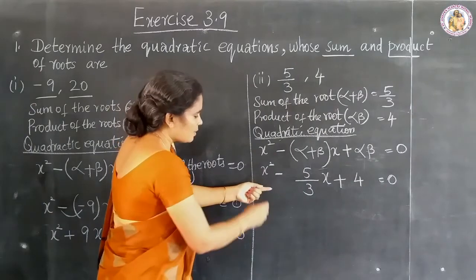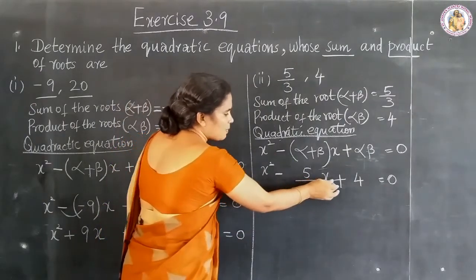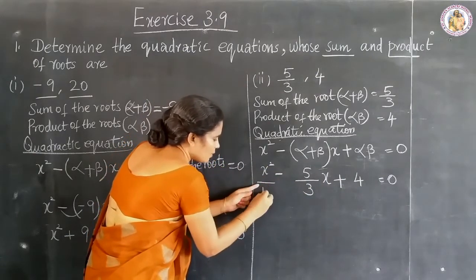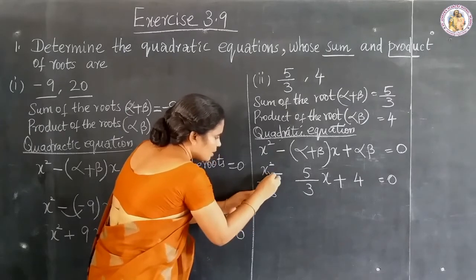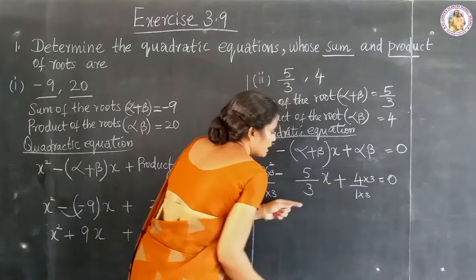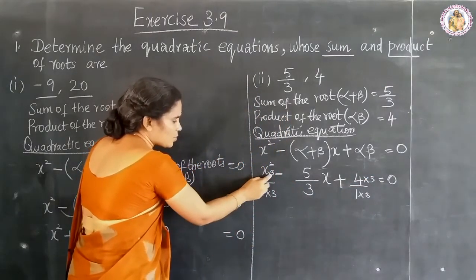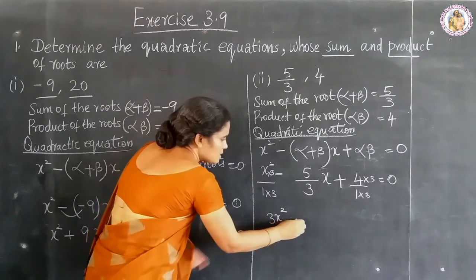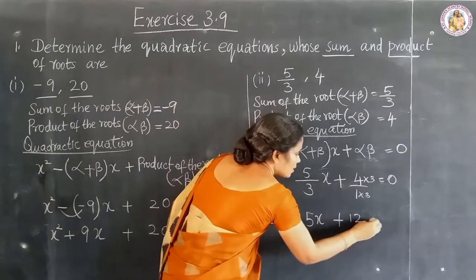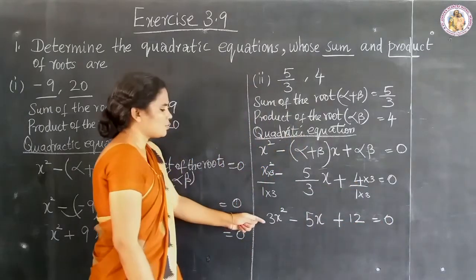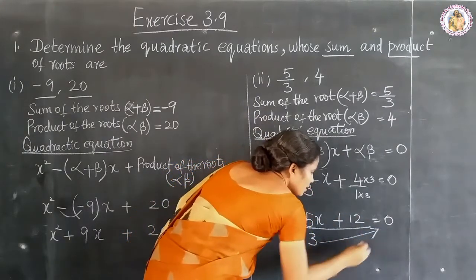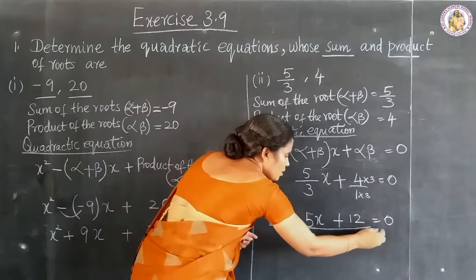So as you see here, x square minus 5 by 3 x plus 4. 5 by 3 is a fraction. So multiply all the terms by 3: 3 into x square, 3x square, minus 5x, plus 4 threes are 12, is equal to 0, and 3 into 0 is 0.